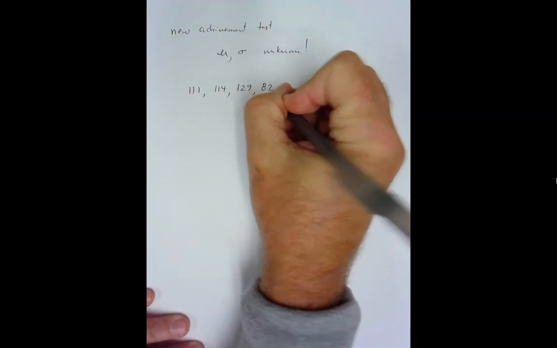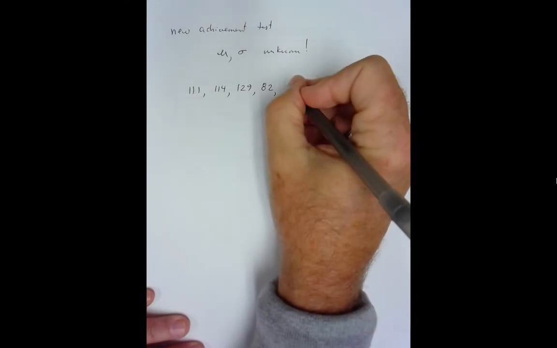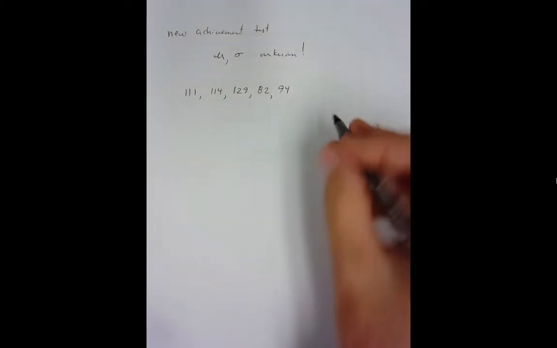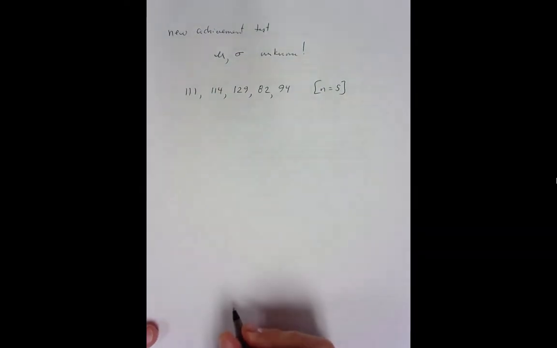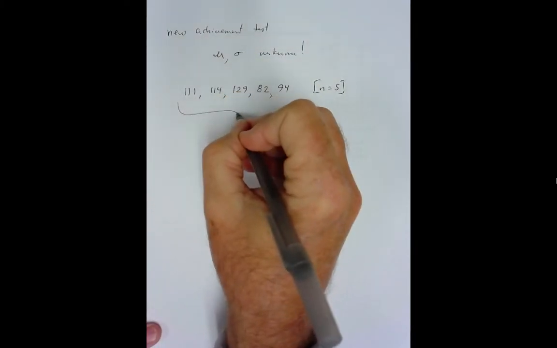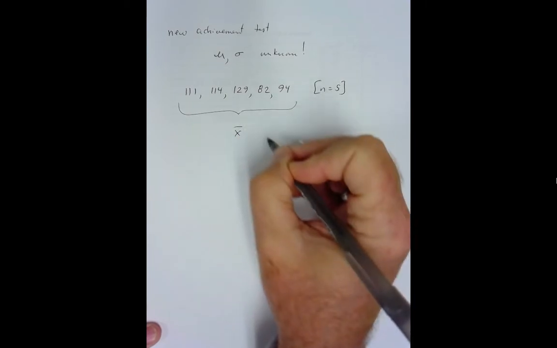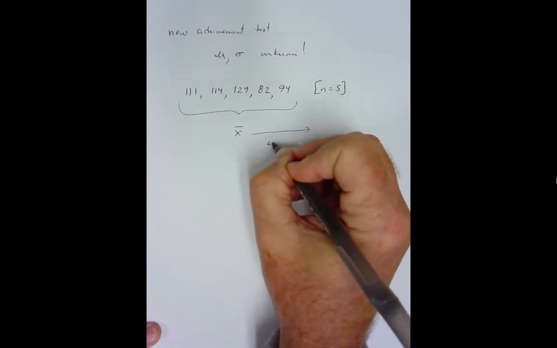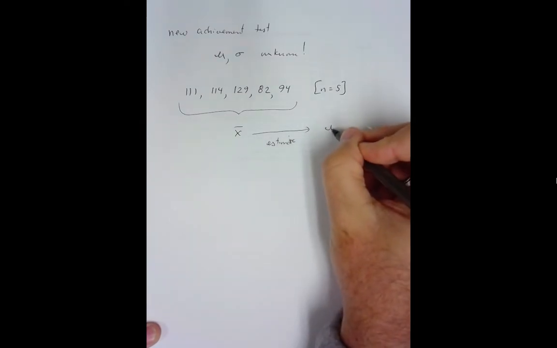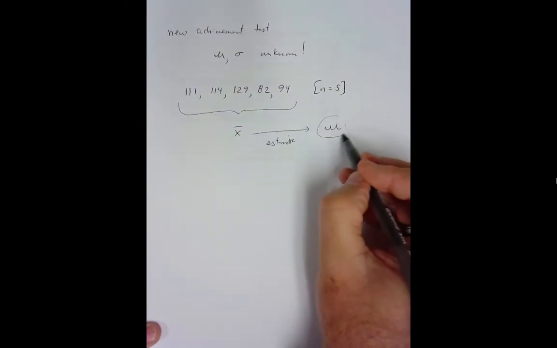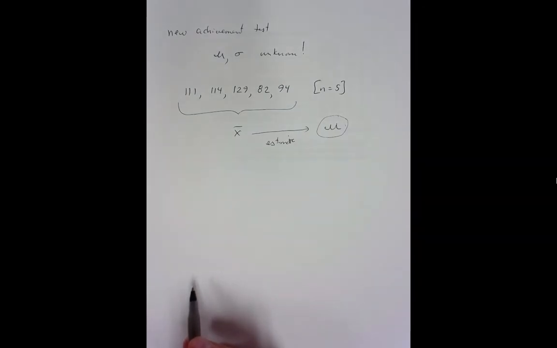The other scores 129. The other scores 82. And the other scores 94. Now, this is a sample of 5 students, and we want to take the sample mean and use it to estimate the mean score for all students at Shawnee State.